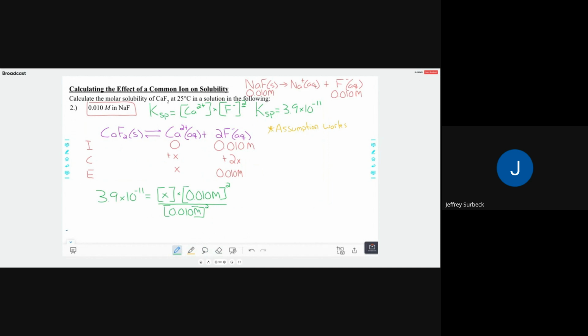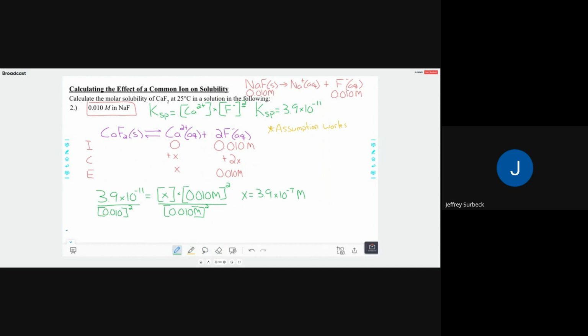We divide each side by this 0.010 squared, and we get a value, our x, to be 3.9 times 10 to the negative 7th big M.